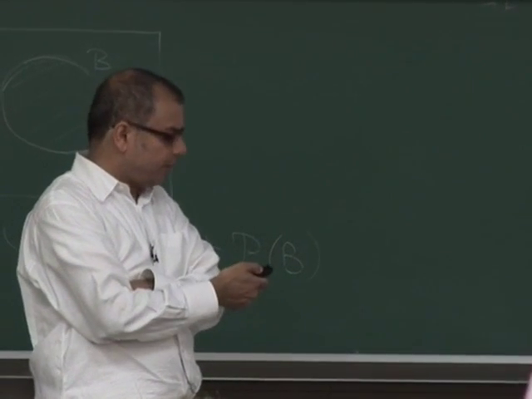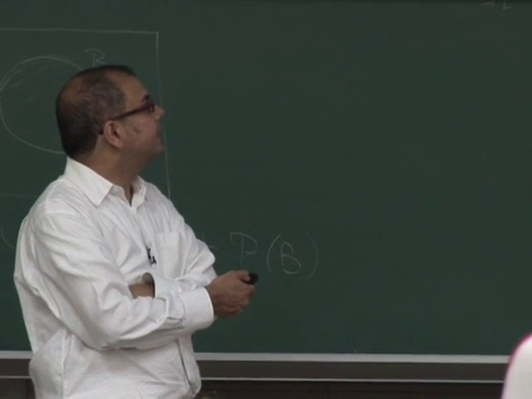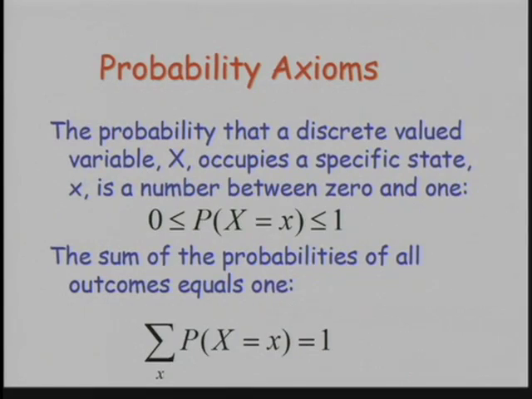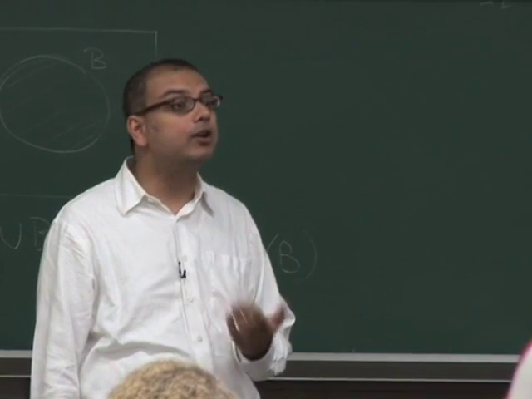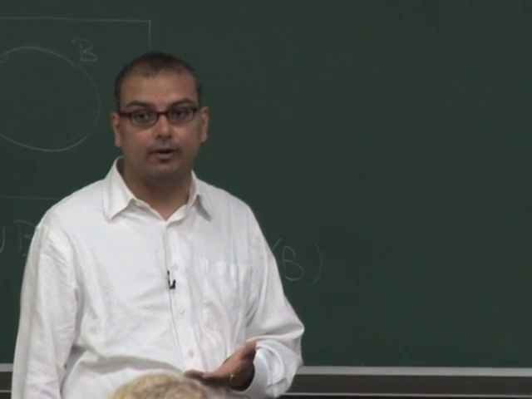Okay, now a couple of probability axioms I'm sure you've met. That is, if you have a discrete valued variable x, so now I've gone away from this sort of Venn diagram and I'm thinking of my uncertainty in the following structure. It is uncertain in that I have some variable capital X and it can take on a particular value little x and I don't know what value it's going to take on.